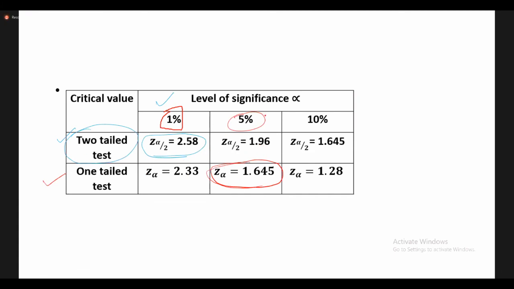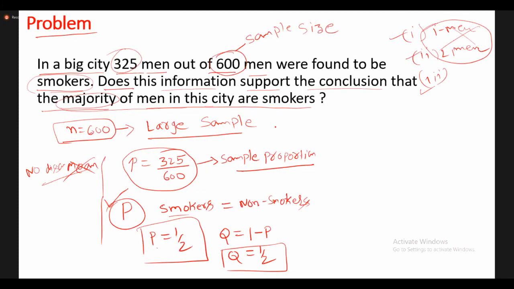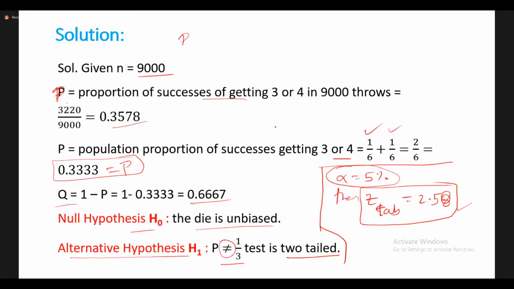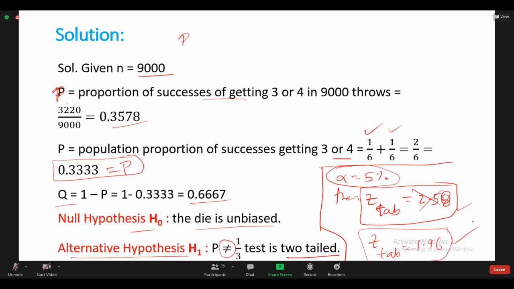Previously it was 1%, no? Sorry. Okay, 5%, two-tail test. Z tabular value is 1.96. Very good, I will change my statement. Yes, Z tabular value is 1.96. You are right.